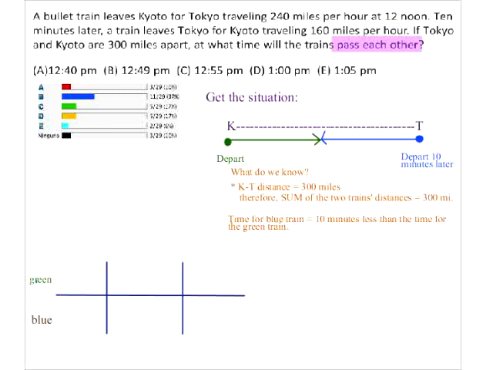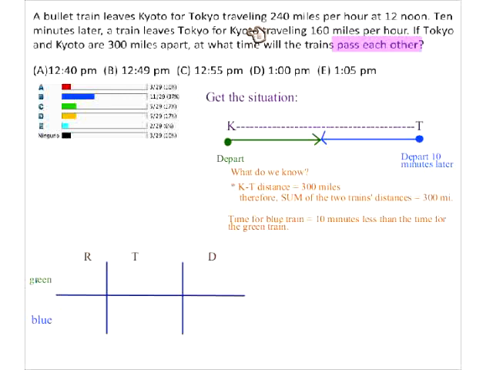Rate, time, distance. So now we have a problem here because this is minutes and this is hours.